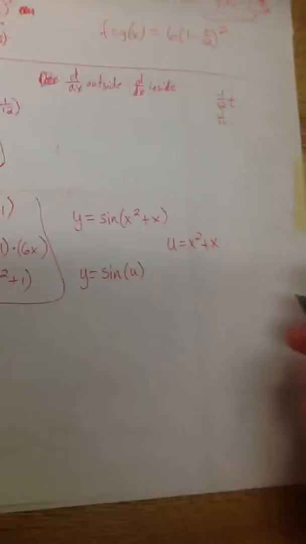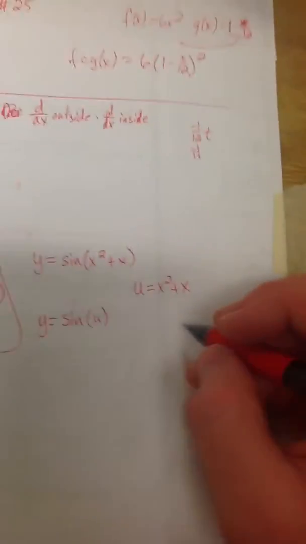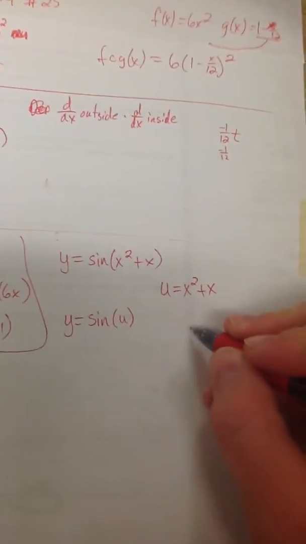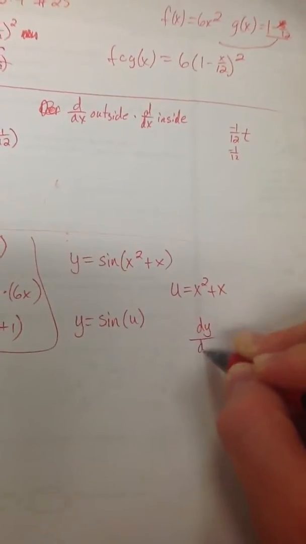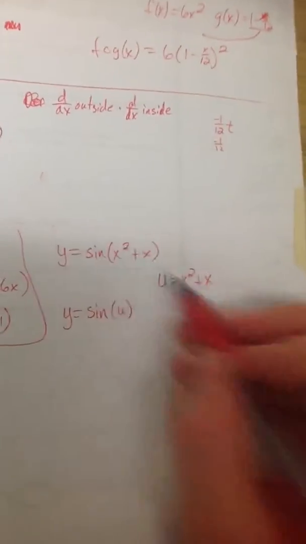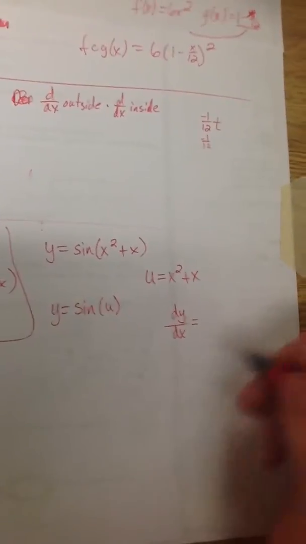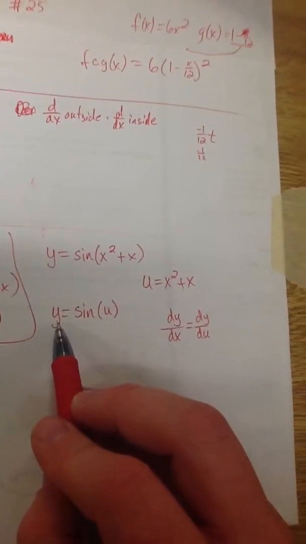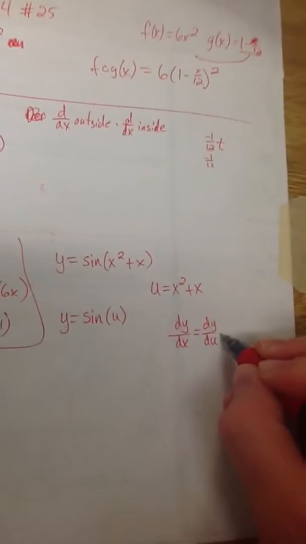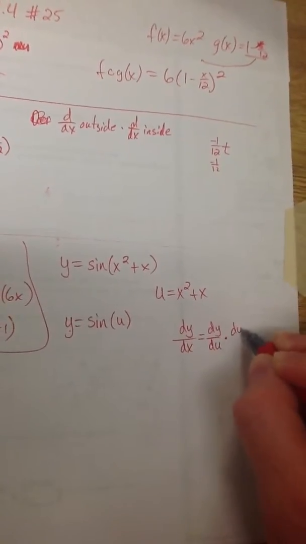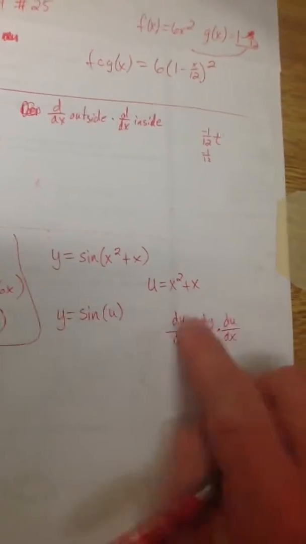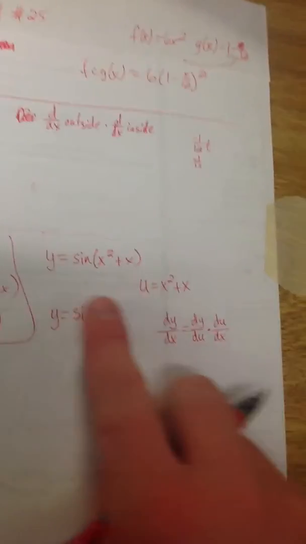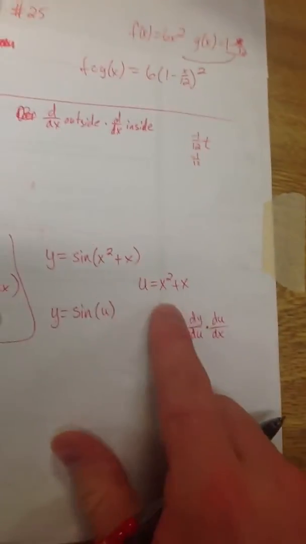And if you look at the definition of the chain rule, it'll tell you that dy/dx, the derivative of this one, is the same thing as dy/du, which would mean the derivative of this one with respect to u, times the derivative of u with respect to x. So basically just what we were doing before. The derivative of the outside times the derivative of the inside.